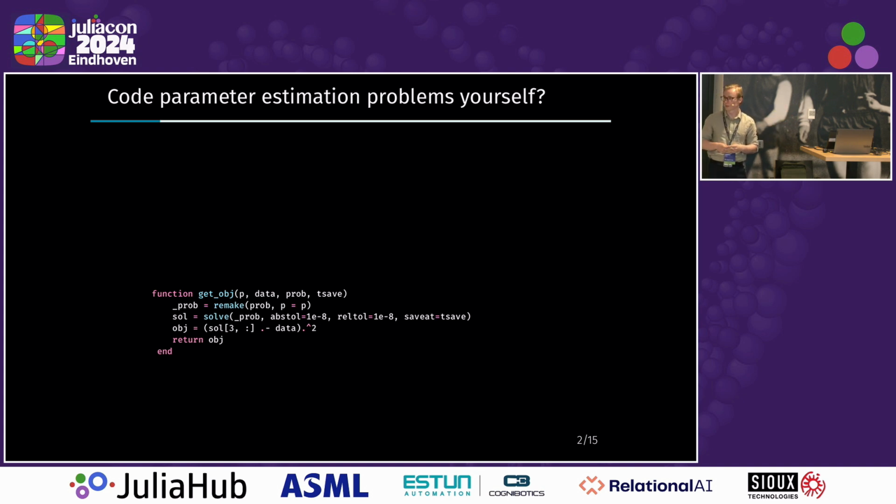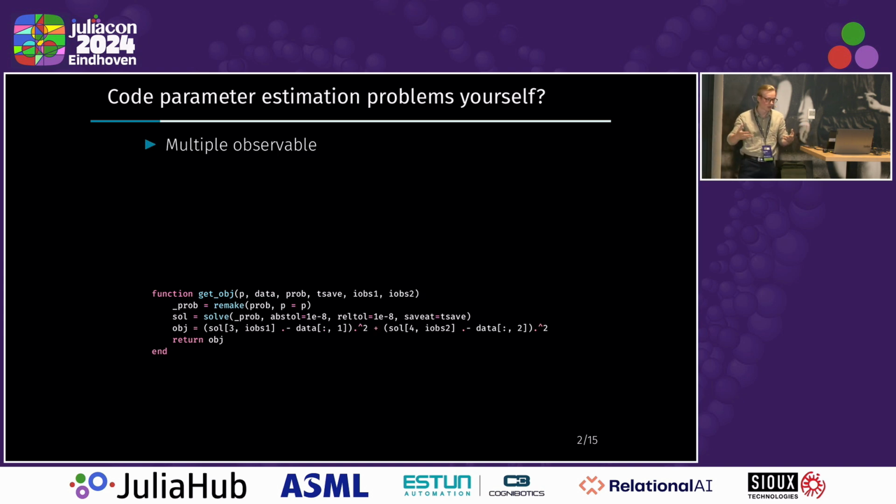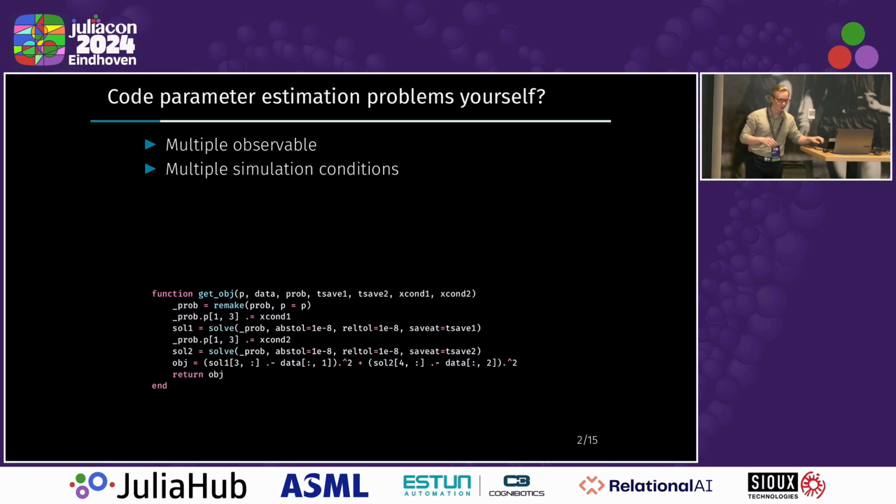But the thing is that in many real-life applications, things are a bit more complicated. So usually we have multiple observables. We are measuring data for different states of the ODEs at different times. We can code this ourselves, a bit more complicated. Usually we have different experimental conditions, which means that we are measuring data for different control parameters of the ODEs, so you need several forward simulations now.